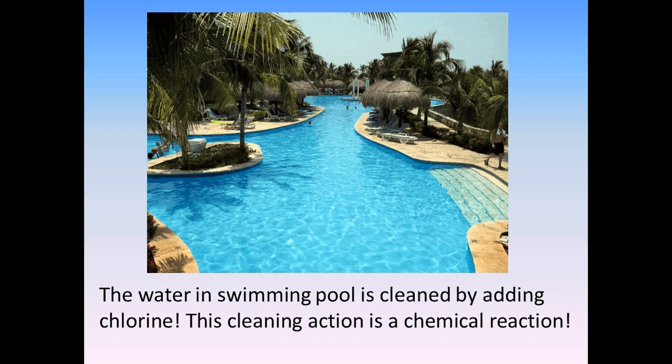Chlorine is a chemical added to swimming pool water to kill germs and maintain the sanitary condition of the water. The reason why chlorine can kill germs is also a chemical reaction. We say that chlorine can oxidize the germs and kill them.